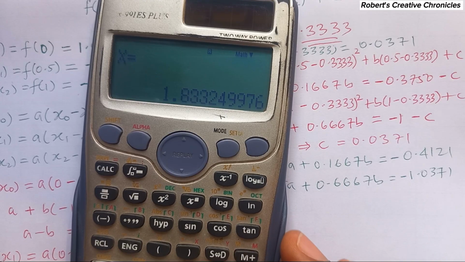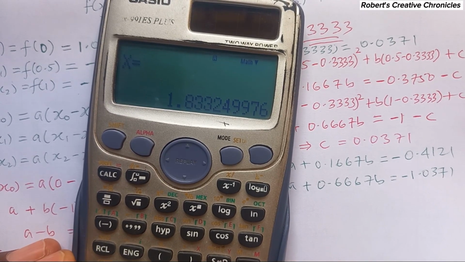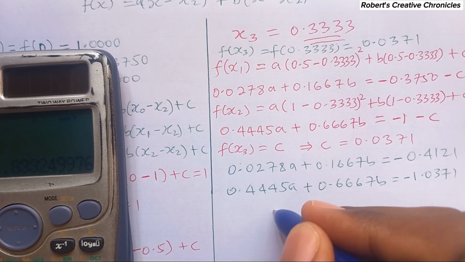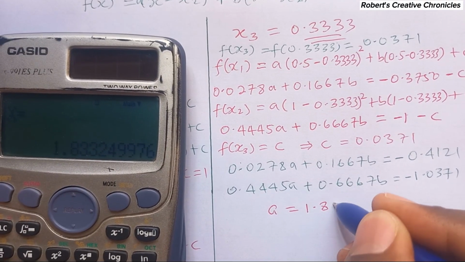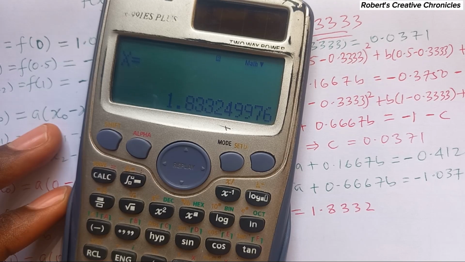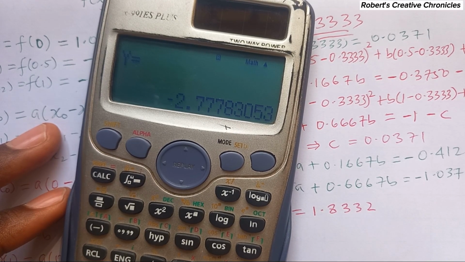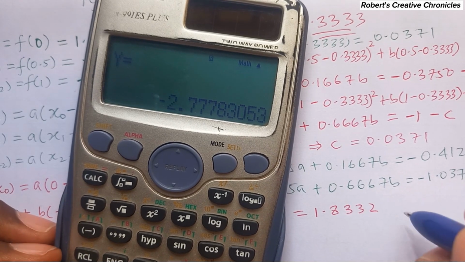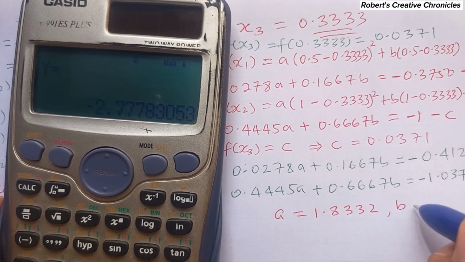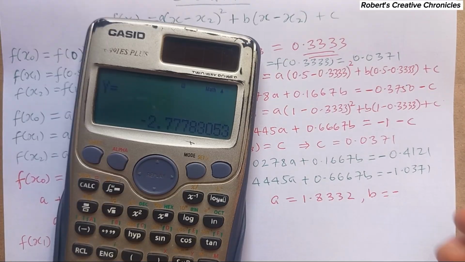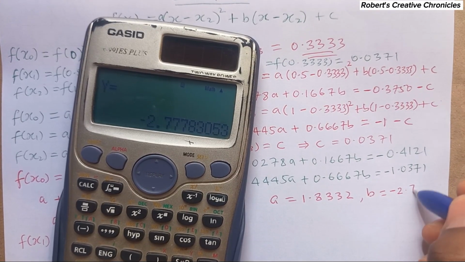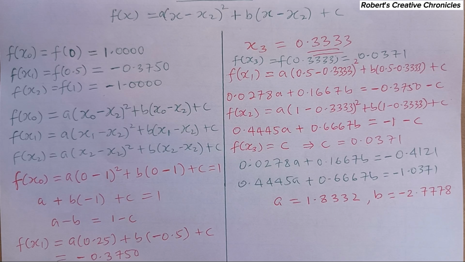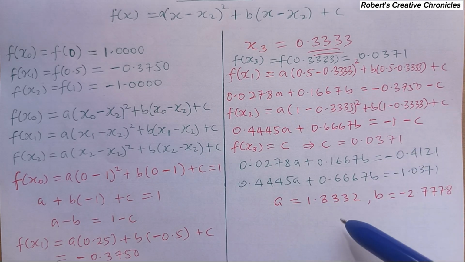So A is 1.8332. And B is negative 2.7778. So now we have A, B, and C for this iteration.